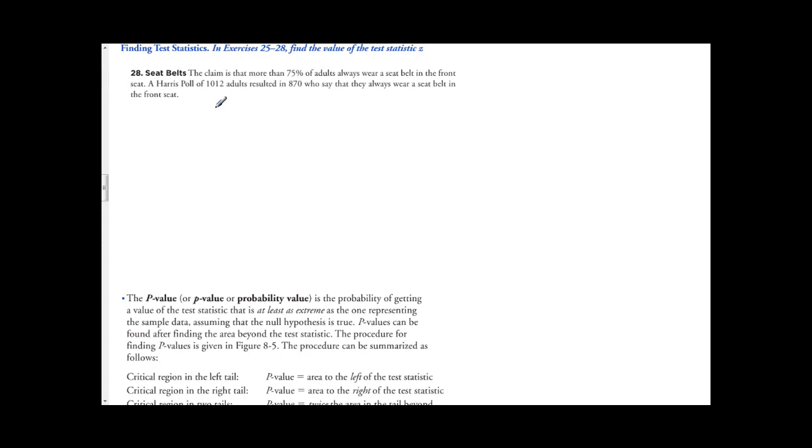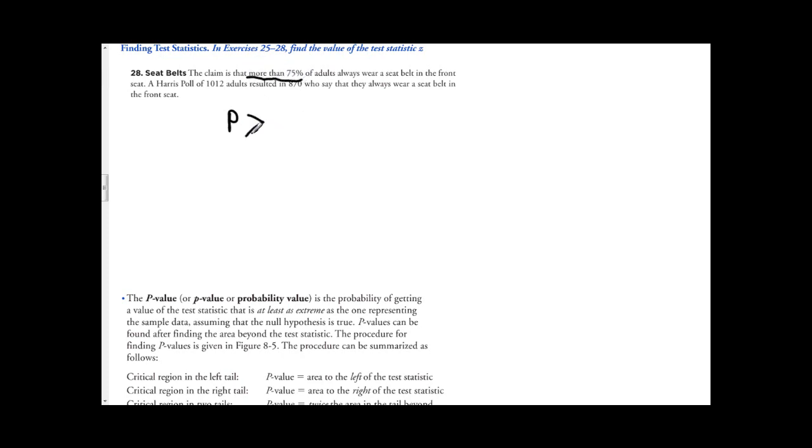So here's the claim: more than 75% of adults wear seat belts when they're in the front seat. That's a claim about a proportion, p. So this is a claim about a population proportion. Notice we're saying more than 75% of adults.